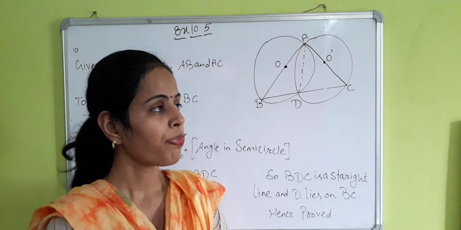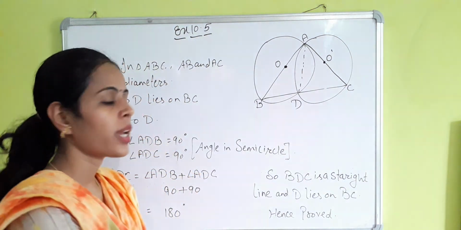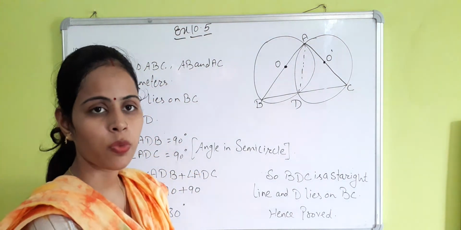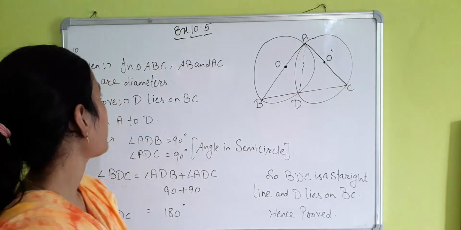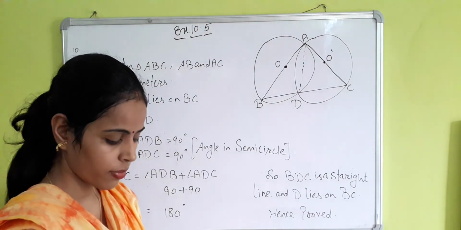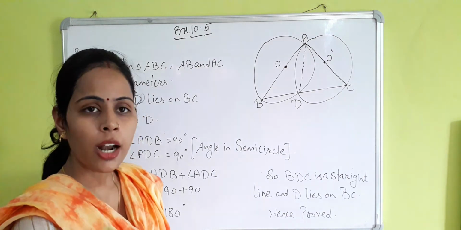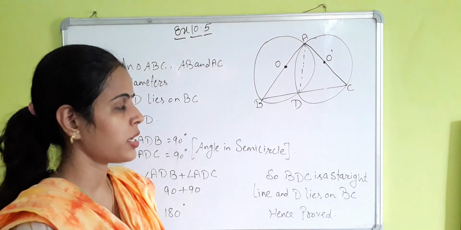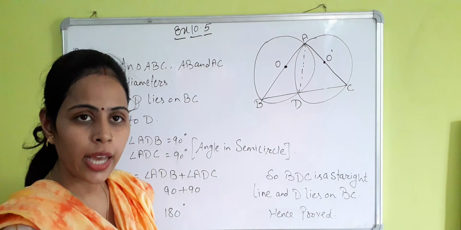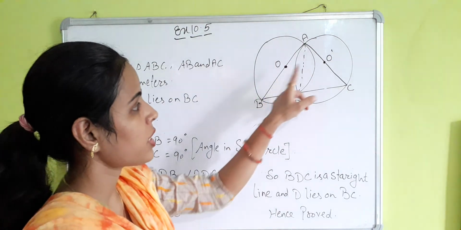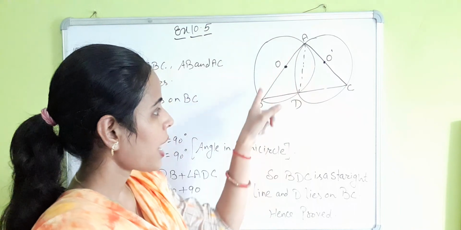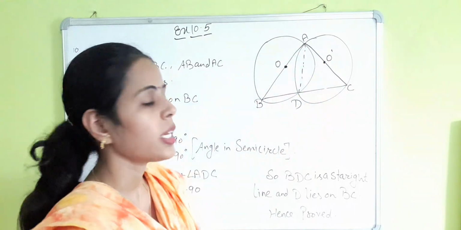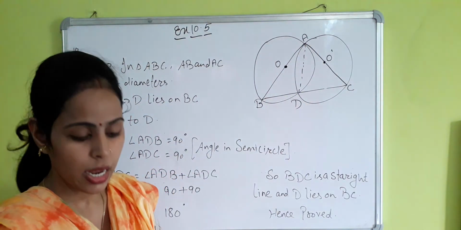Today we will do the last 3 questions of exercise 10.5: question number 10, 11 and 12. Question number 10 is that if circles are drawn taking two sides of the triangle as diameter, two sides of this triangle ABC, side AB and AC are the diameters of the circle.